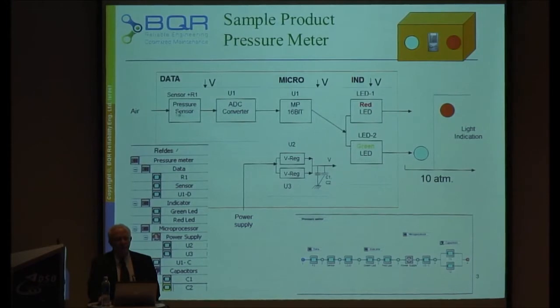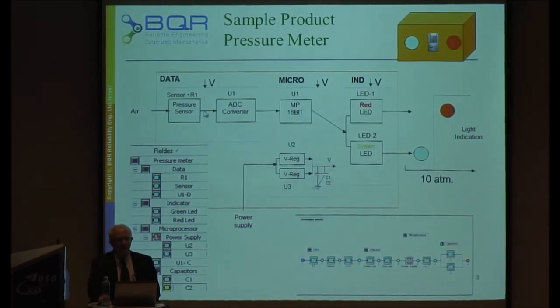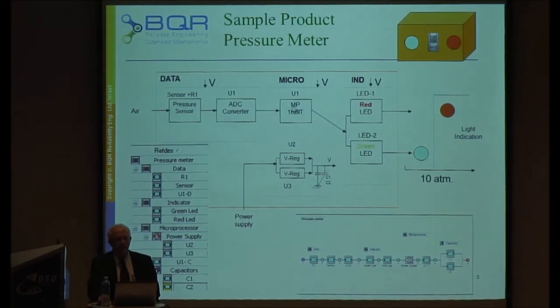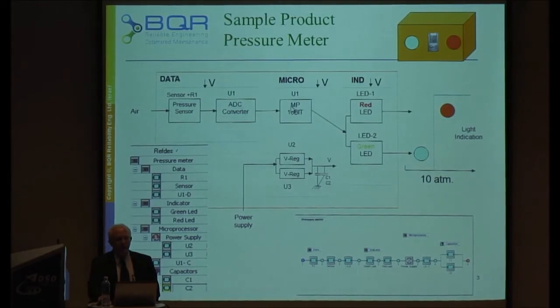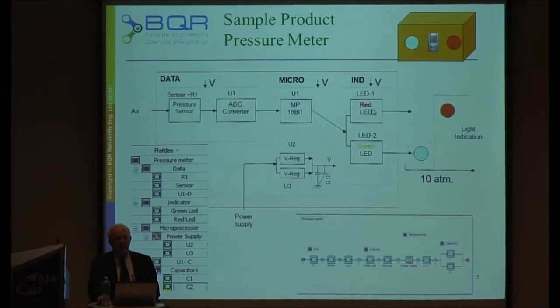It provides an analog signal which goes to an analog to digital converter, and the digital signal goes to a microprocessor. The microprocessor compares it with the threshold. If the pressure is high, it signals the red LED to light, and if it's okay, the green light.